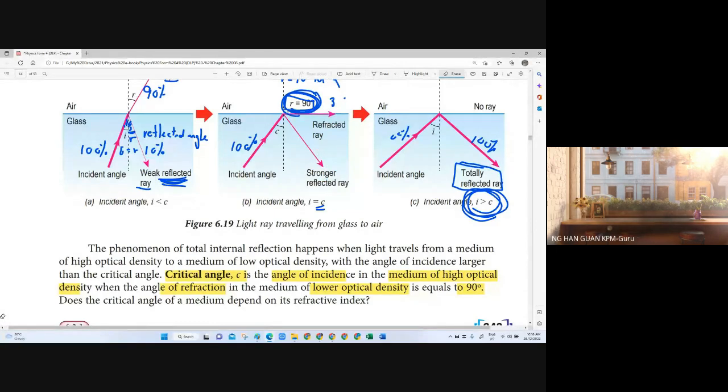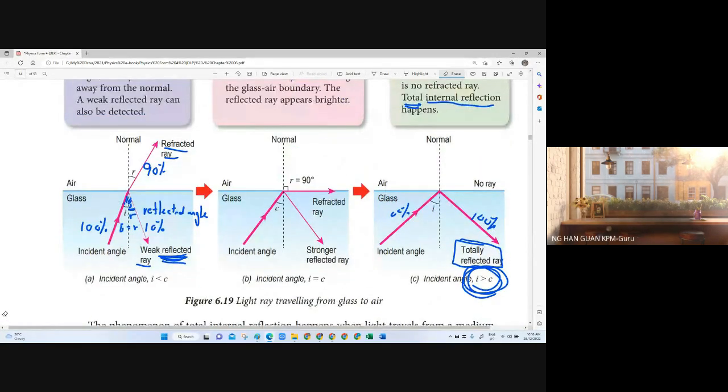Let me erase all this first. Okay, referring to this diagram, the glass is my first medium, air is my second medium. Then this one will be theta 1, this one will be theta 2. According to Snell's law, we have N1 sin theta 1 equal to N2 sin theta 2.